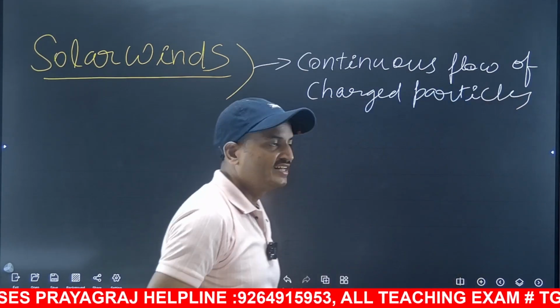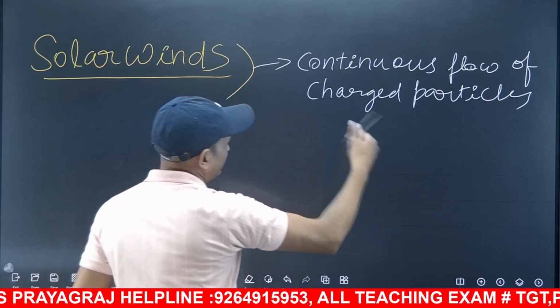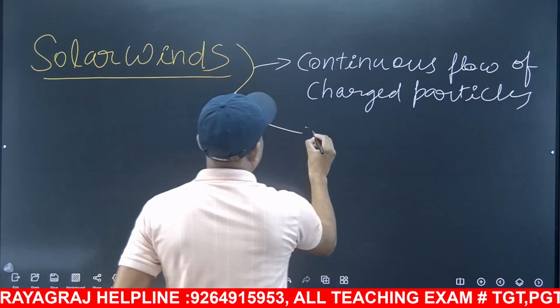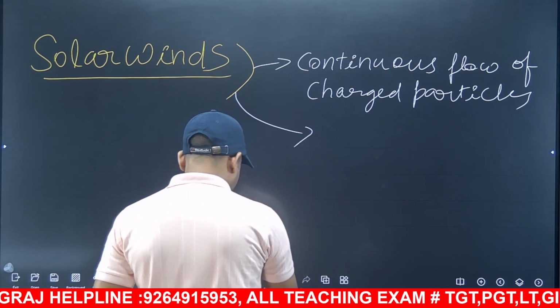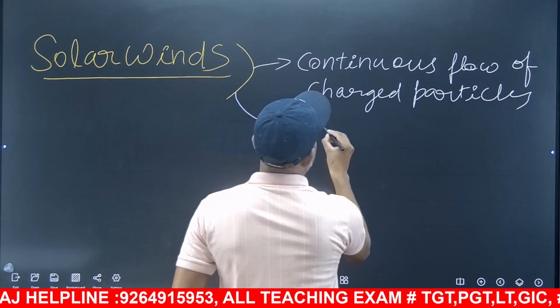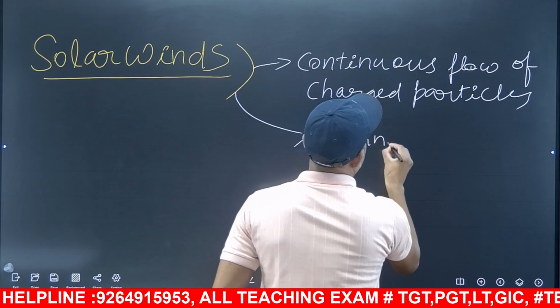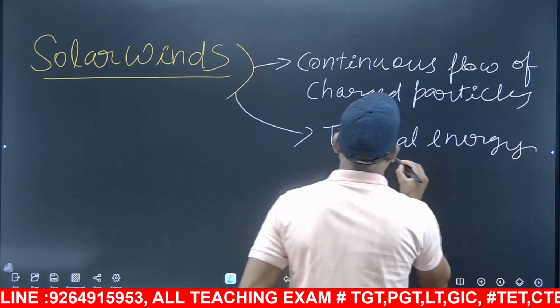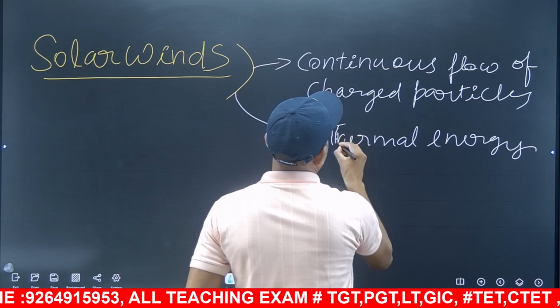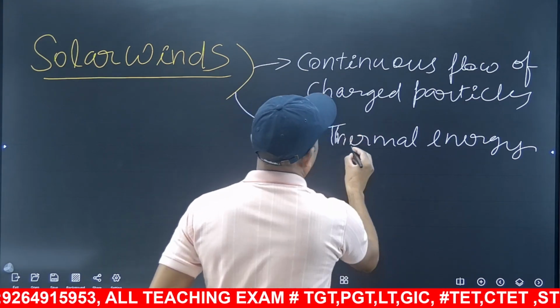Same hydrogen, helium charged particles. So it is a continuous flow of charged particles. This happens because of thermal energy at the sun, because we know that there is tremendous thermal energy, especially at the corona.